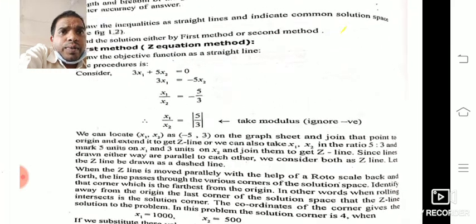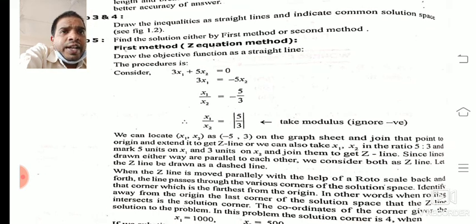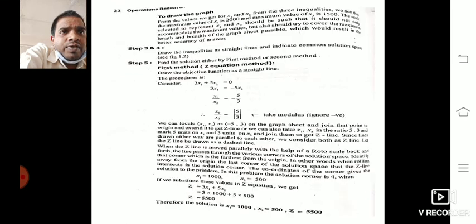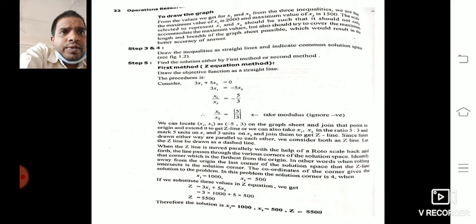It becomes x1 by x2 equals 5 by 3, neglecting the negative sign. So x1 is 5 and x2 is 3. Taking it in terms of 100, x1 is 500 and x2 is 300.